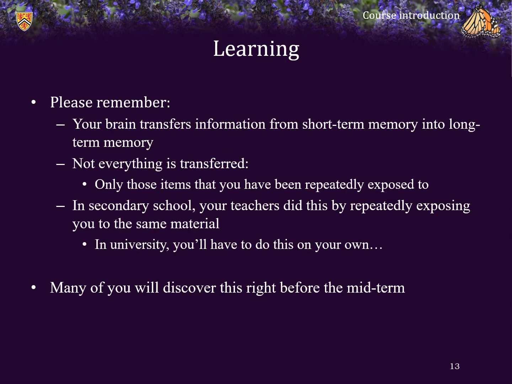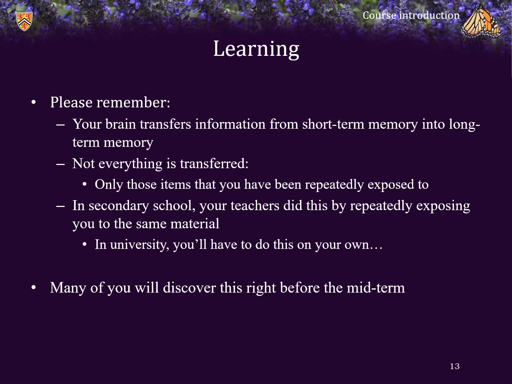Now, one thing that you have to remember is your brain has short-term memory and long-term memory. In your short-term memory, you can remember maybe 10 to 12 unique or distinct ideas at once. And these are going to be very short ideas. Information is only occasionally transferred from short-term memory into long-term memory.